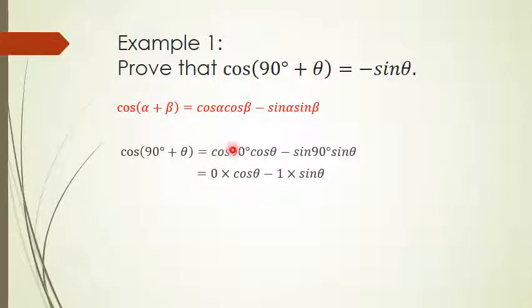Cos 90 degrees is 0 and sine 90 degrees is 1. So that's 0 times cos theta minus 1 times sine theta. Now this disappears, 0 times cos theta is 0. So we have our final answer, cos(90 degrees plus theta) equals minus sine theta, as required.